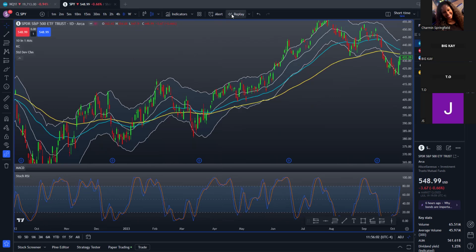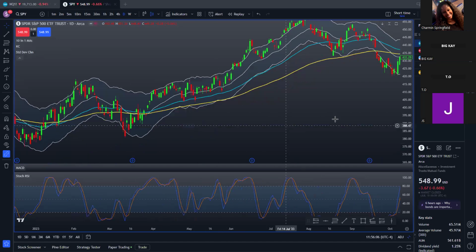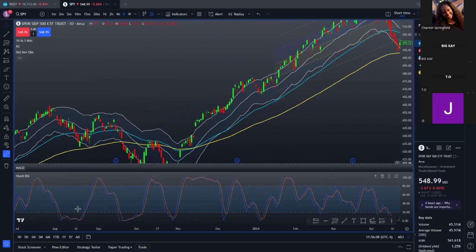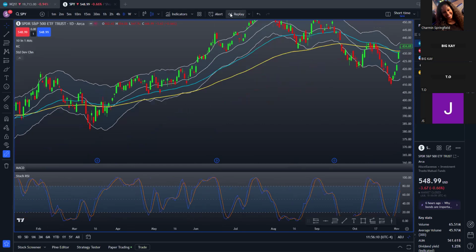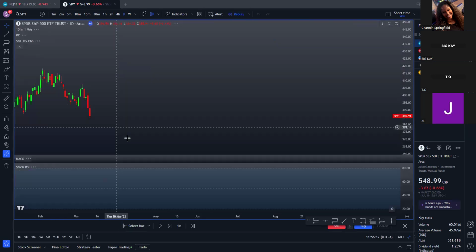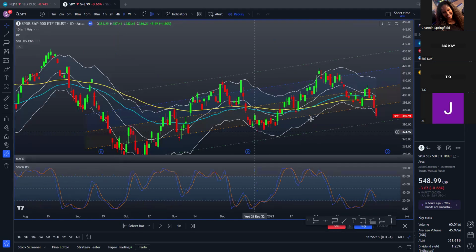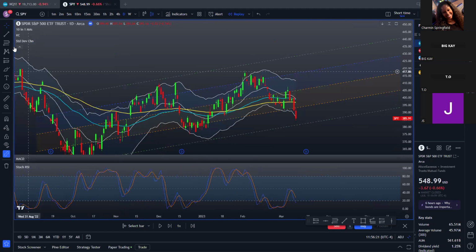And then, where's my standard deviation? I love how it's up there. Okay. And then I'd go back and see times when it was outside of the Keltner channel, hit the replay button, and see where we were on my standard deviation levels.